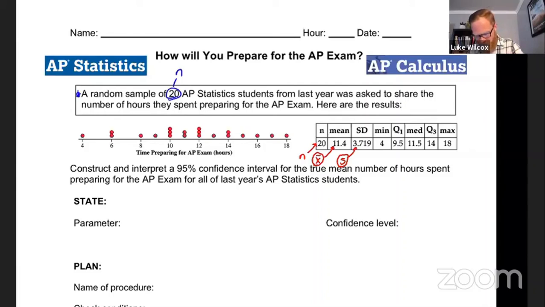And this is why we are going to be left using what's called a t-distribution rather than a normal distribution. And so that's why that critical value is going to be a t-star critical value rather than a z-star critical value. And just to be clear, the reason why we're having to use that is that we don't know sigma, which is the standard deviation of the population.